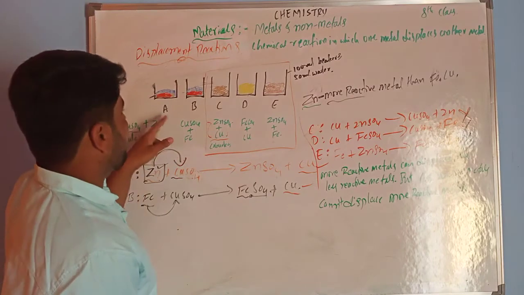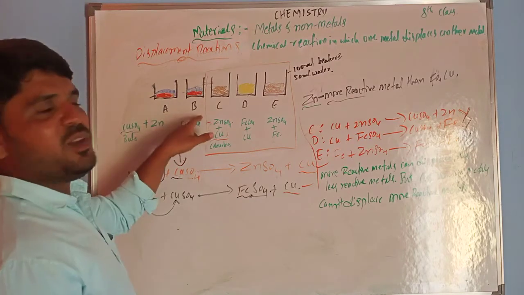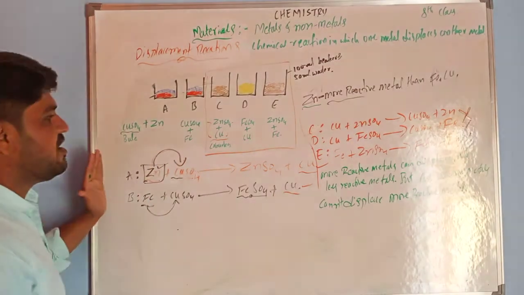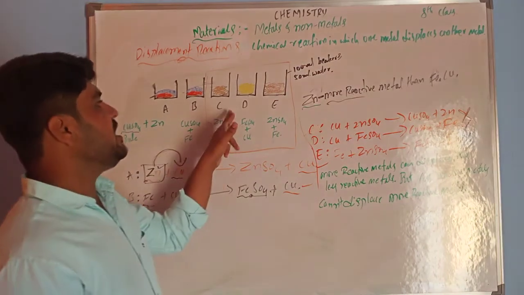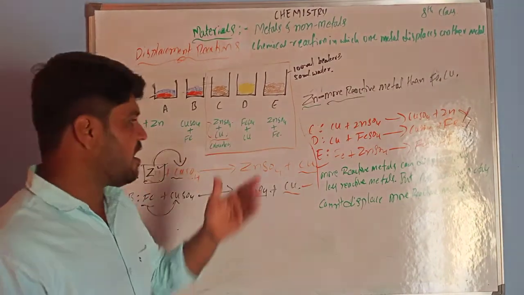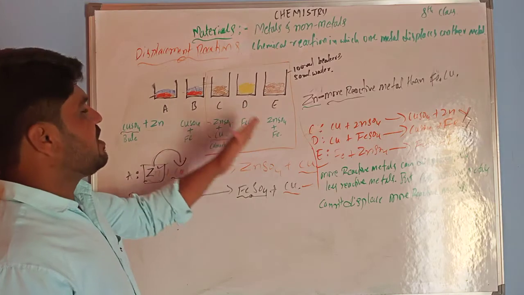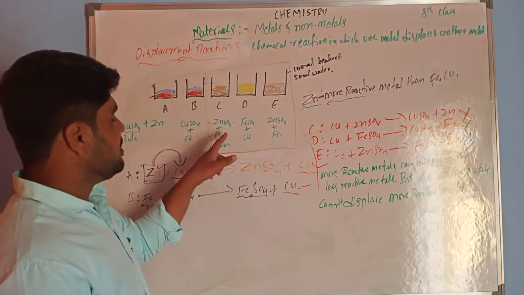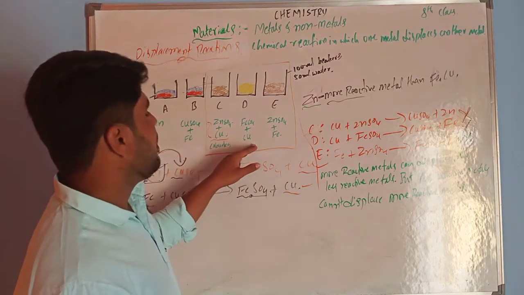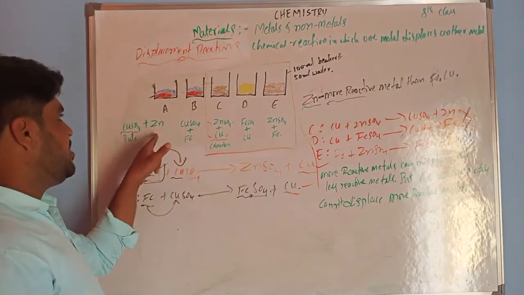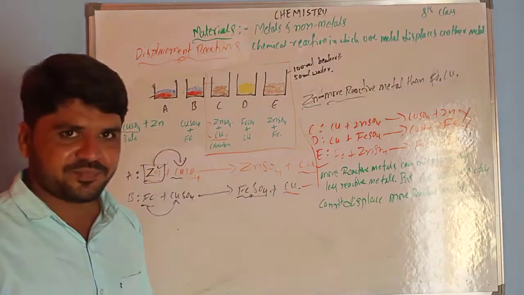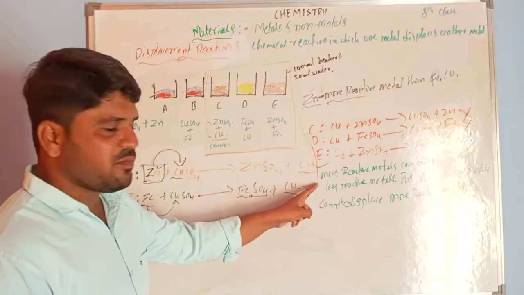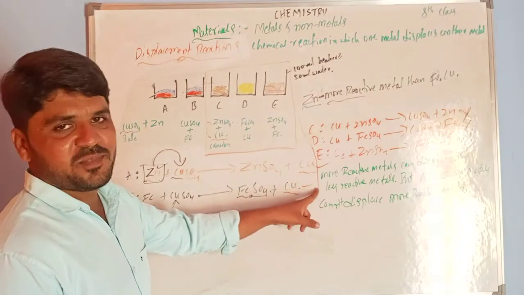A and B are examples of displacement reactions. C, D and E do not belong to displacement reactions because copper and iron are less reactive than zinc. So please remember this point.